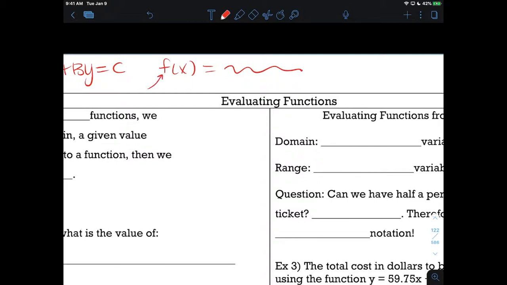This means this is the name of my equation. Its name is f. This tells me what variable is my independent variable. What number am I plugging in to find out what the value of the equation is? You can also name it all kinds of other names, g of x, h of x, j of x, all different types, okay?